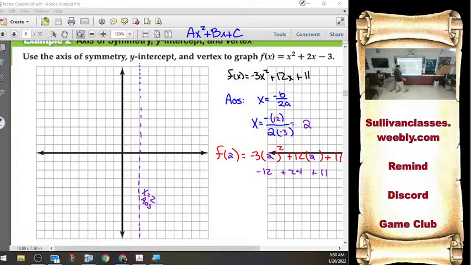Okay. So we encounter a problem: 23. I only have 10 boxes headed north. What do I do? Change the scale.